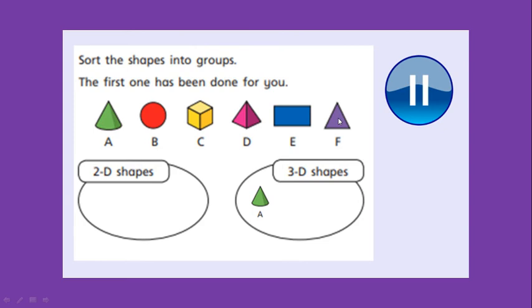So which ones do you think are 2D shapes? We need to put them in the 2D shape sorter. And which ones do you think are 3D shapes? And we need to put the 3D shapes in the 3D sorter. So pause that video, work it out, and we'll check on the next slide.